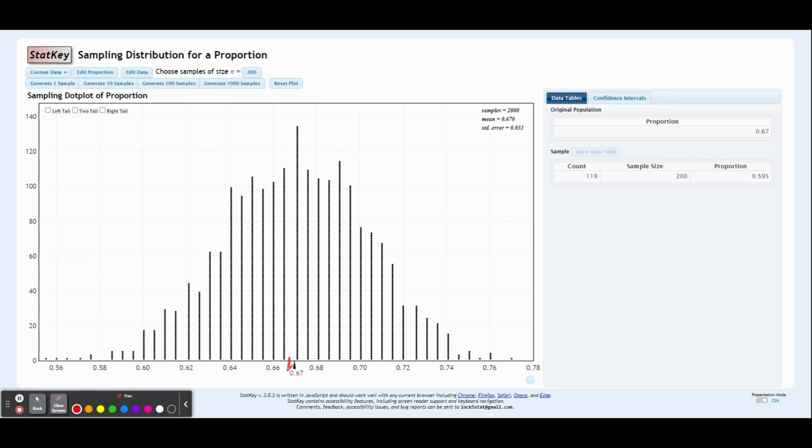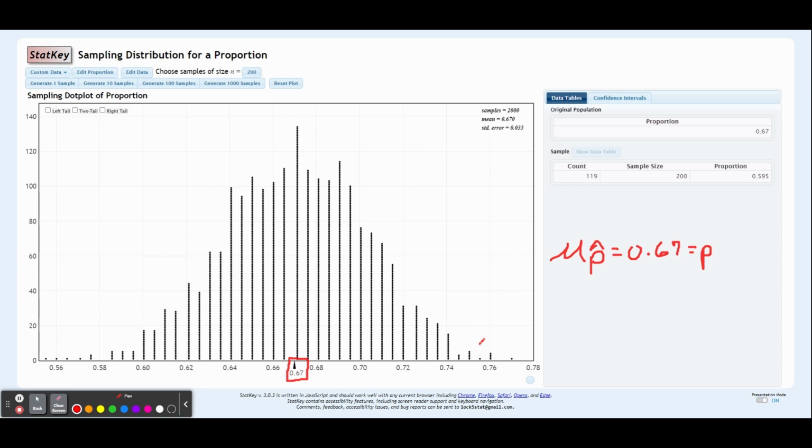And you'll notice that down here, the mean of all my p-hats, so the mean of my sample proportions, is equal to 0.67, which is exactly the population proportion. So changing the sample size did not change where the center of this distribution lay.